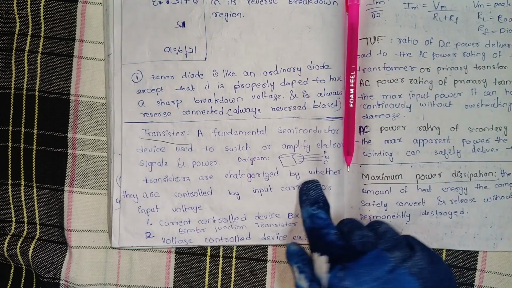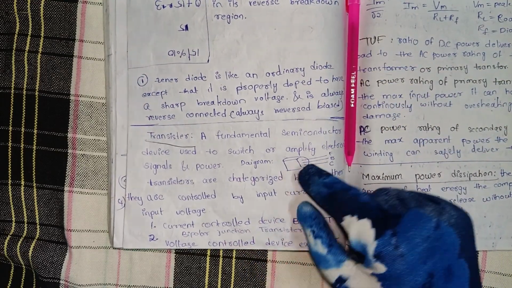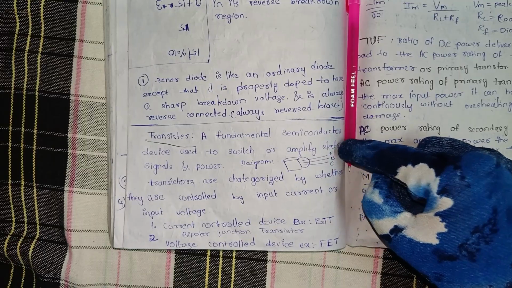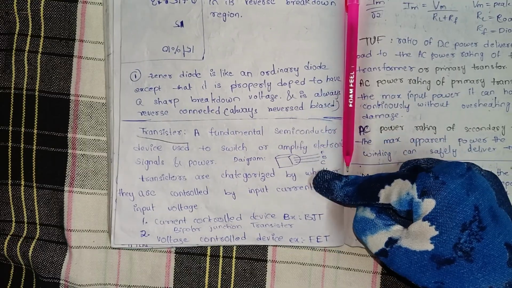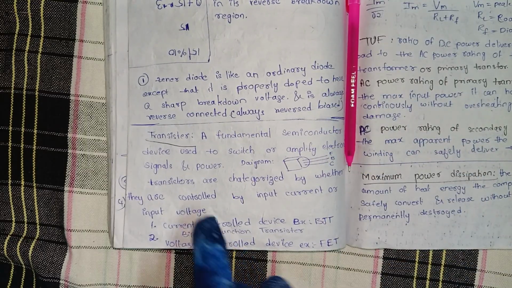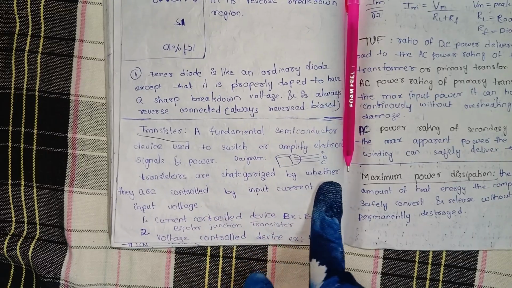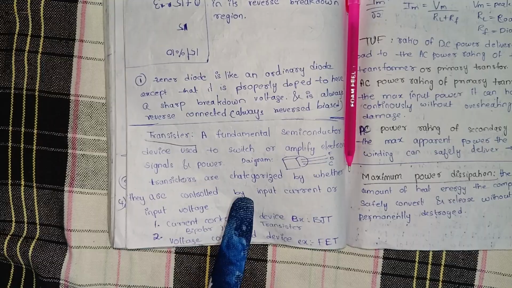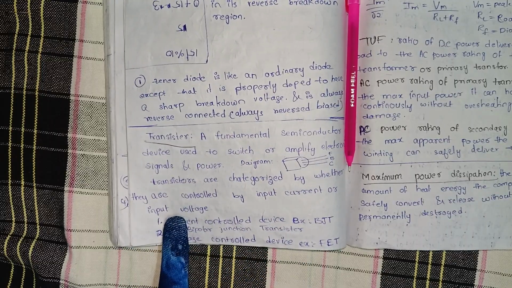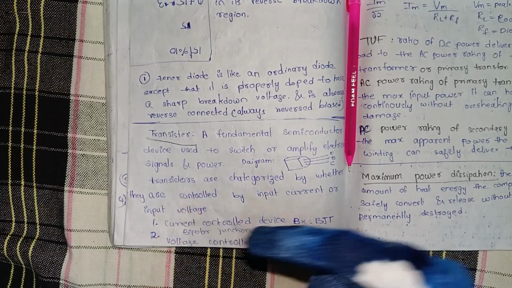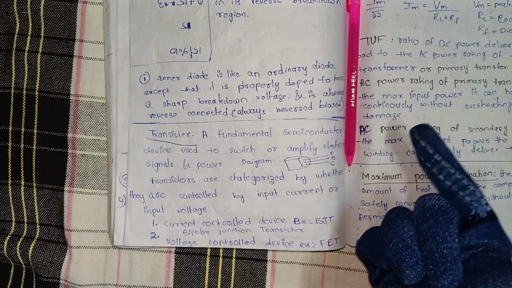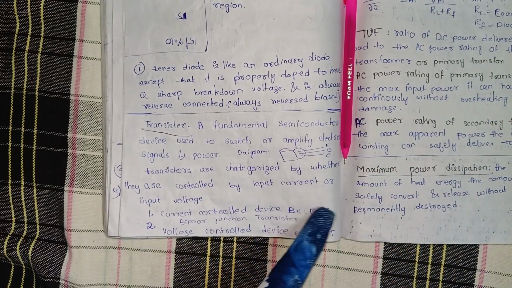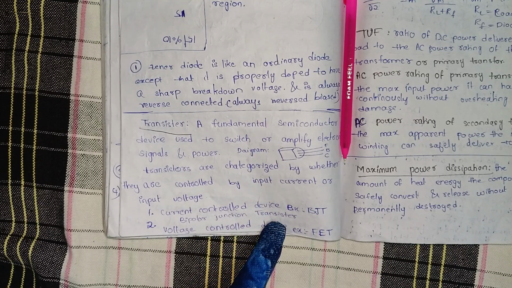So, the diagram is a tiny transistor with three terminals: emitter, base, and collector. So transistors are categorized by whether they are controlled by input current or input voltage. So if they are controlled by input current, then they are called current control devices. Example, BJT, bipolar junction transistor.